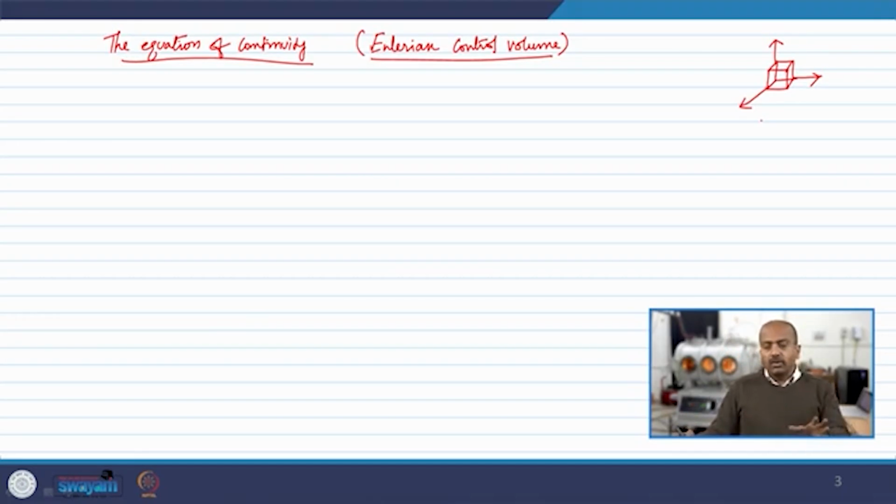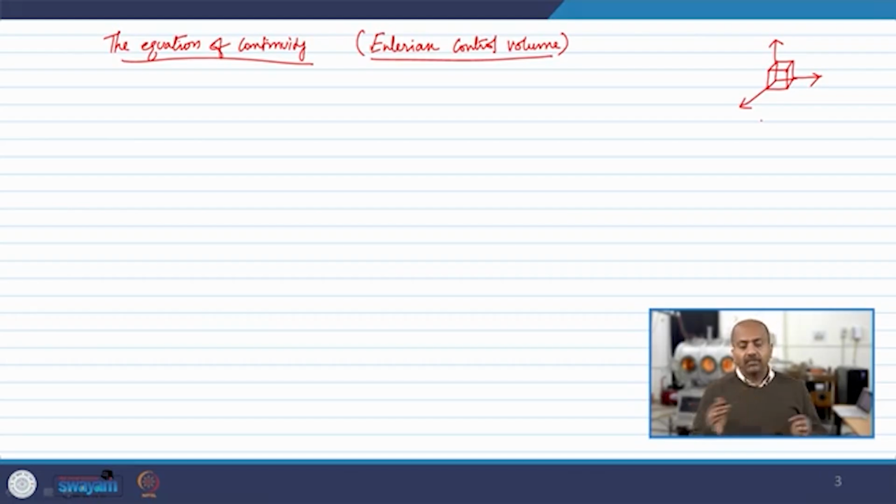But your equation of continuity should be able to have a provision to accommodate all these three different possibilities. Coming back, the Eulerian control volume is just a three-dimensional space which is fixed with respect to the fluid's movement or with respect to the coordinate system. What it means is that this is not going anywhere, it is the fluid rather which is going through this control volume, right.